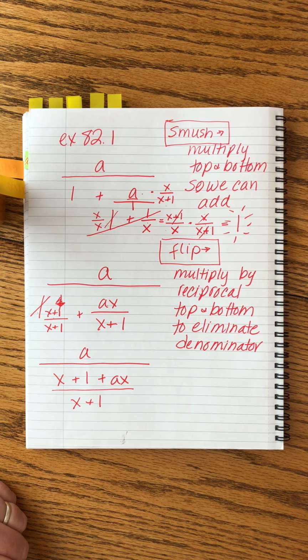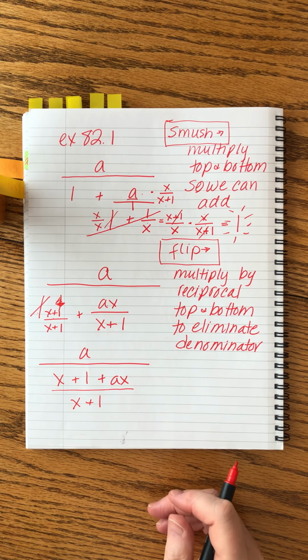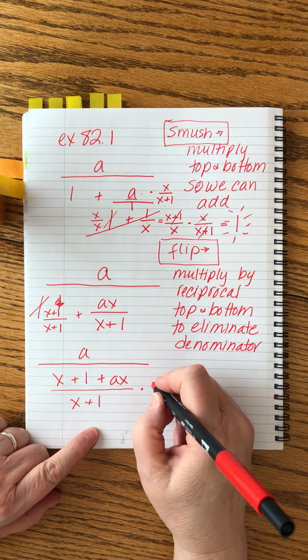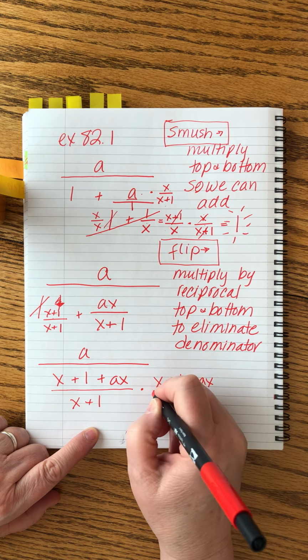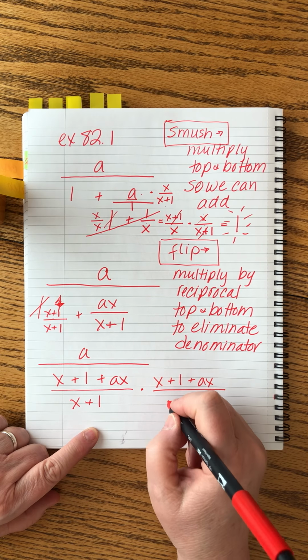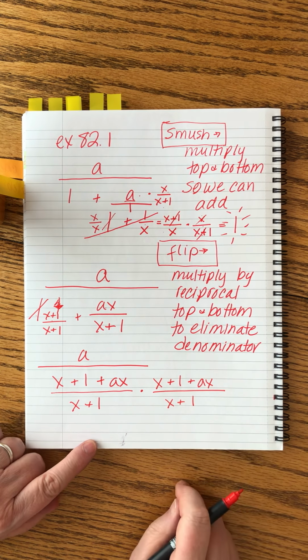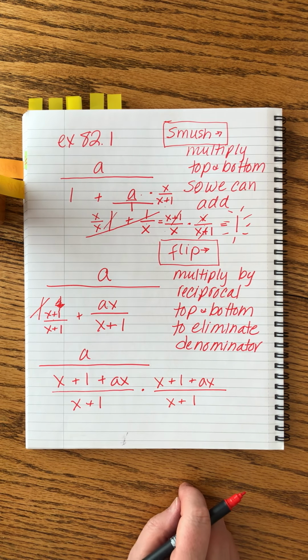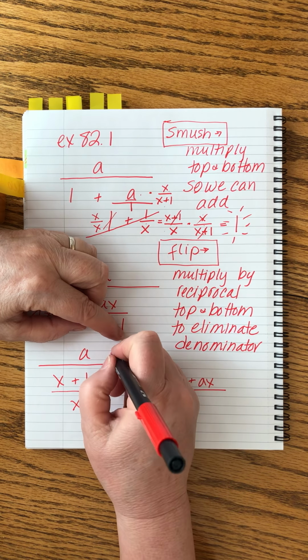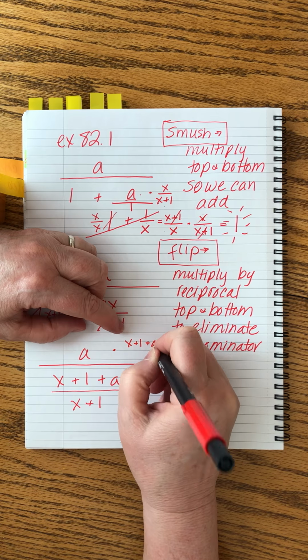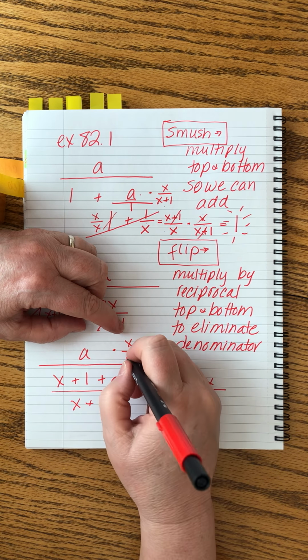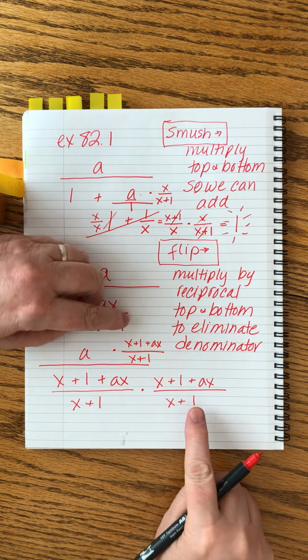Are you ready? I'm excited. Okay, so we're going to multiply it by x plus 1 plus ax over x plus 1. And then we have to do the same up here. I'm a little crowded for space, so I'm going to squish it in a little bit. X plus 1 plus ax over x plus 1.